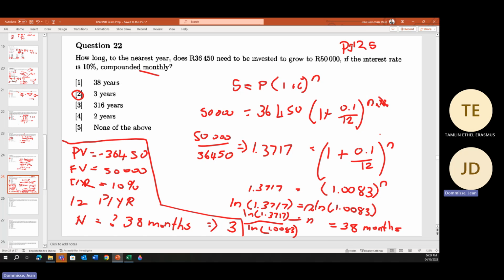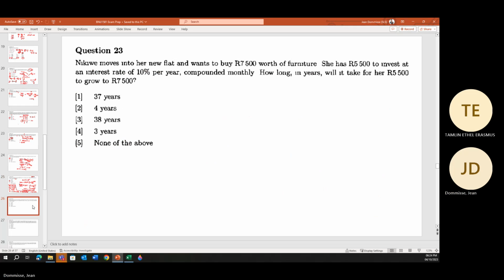So definitely I would use the financial calculator above the formula. Okay, so that is on a compound interest question. They haven't, like in simple interest, asked you first to do a calculation.